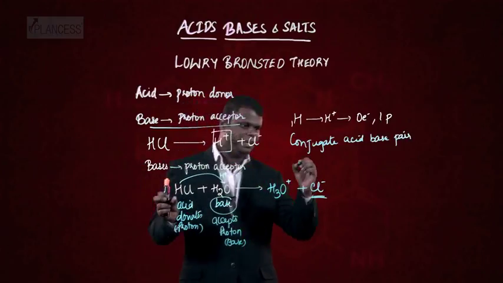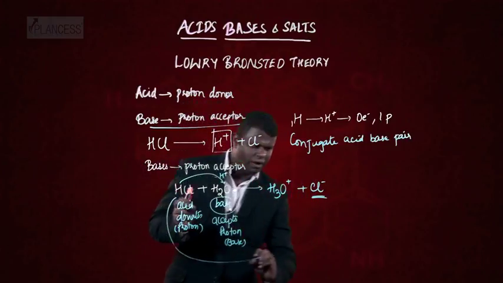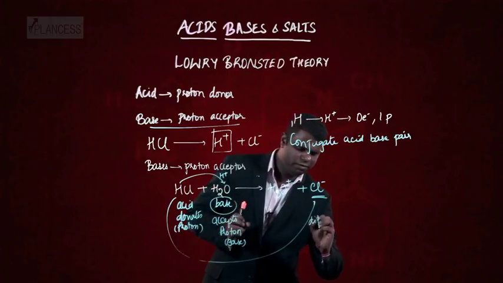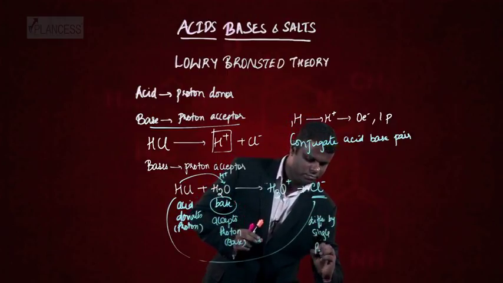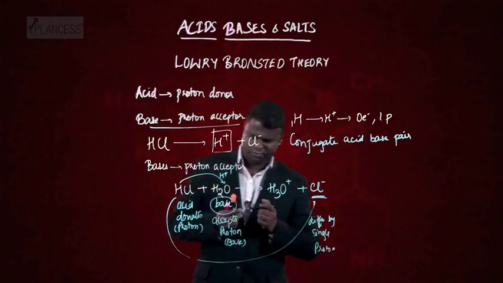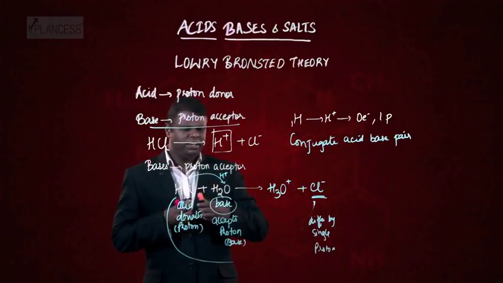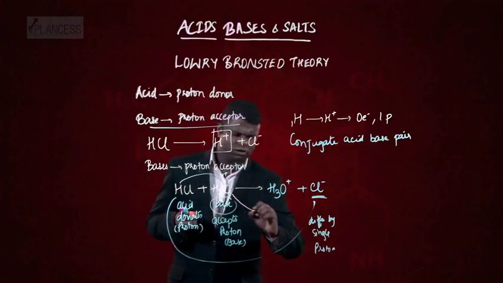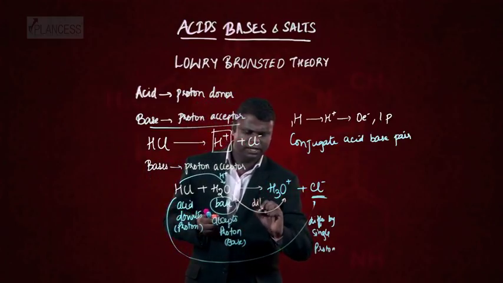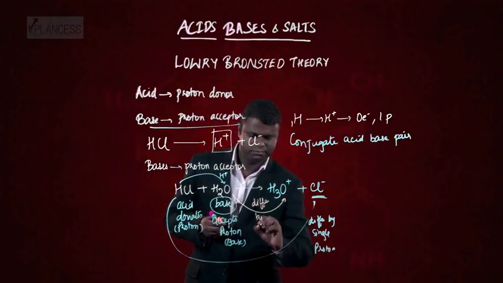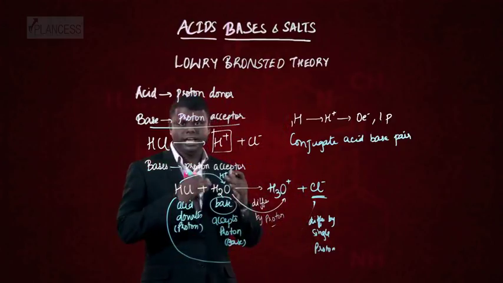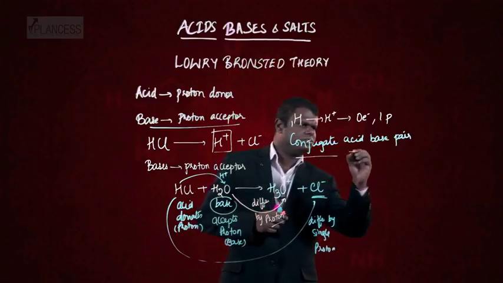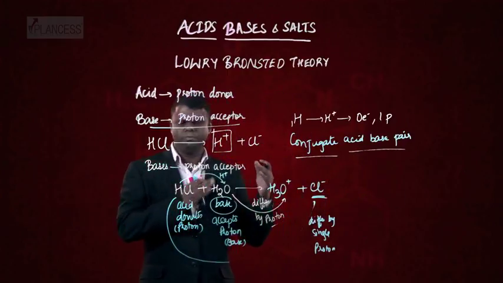HCl and Cl- differ by a single proton. Similarly, H2O and H3O+ also differ by a single proton. So Lowry-Bronsted gave them a term known as conjugate acid-base pair.